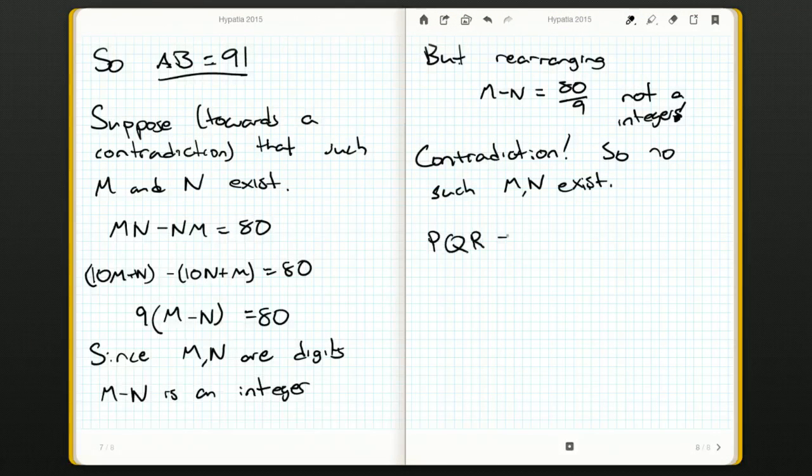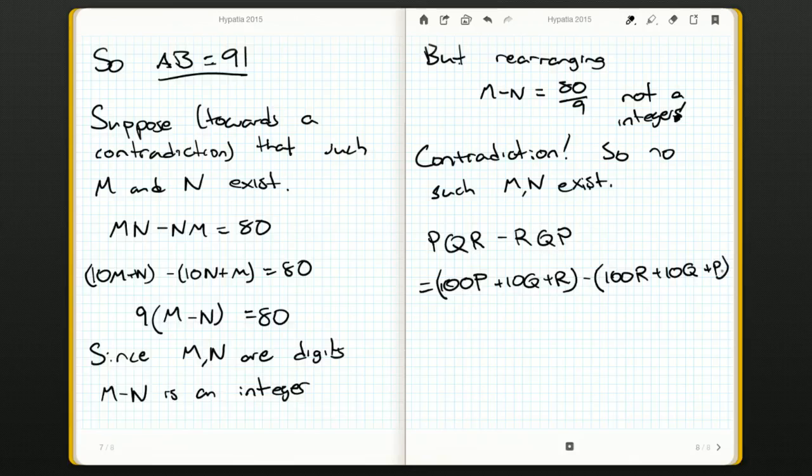So PQR minus RQP, well, that's 100P plus 10Q plus R minus 100R plus 10Q, plus P. Okay, so right away this 10Q and this 10Q are going to cancel each other out.